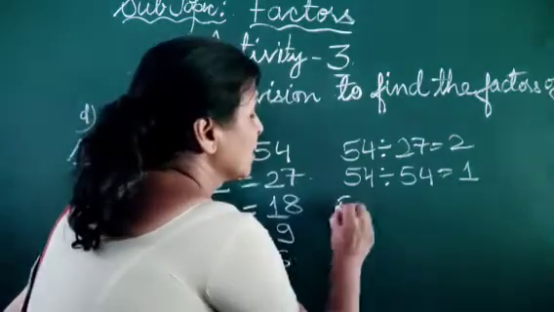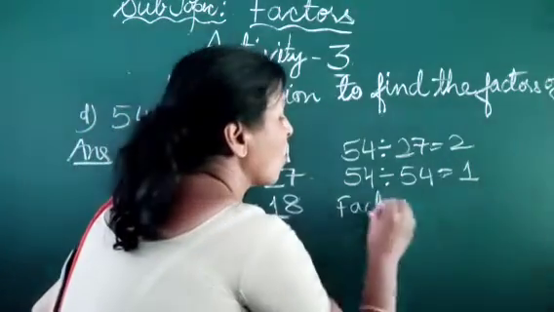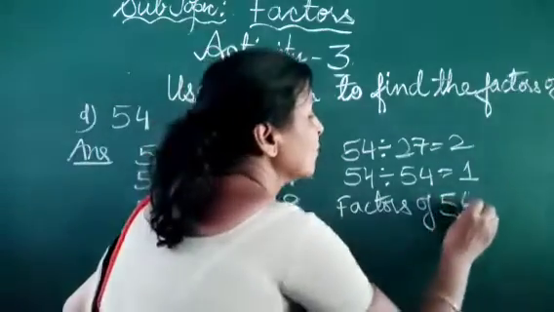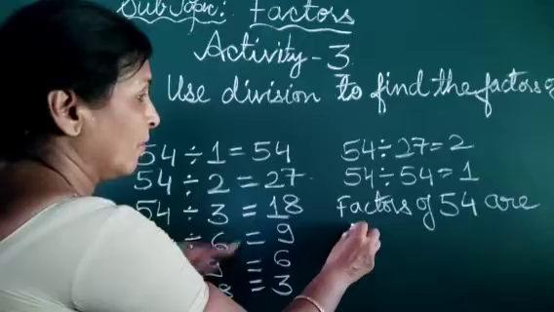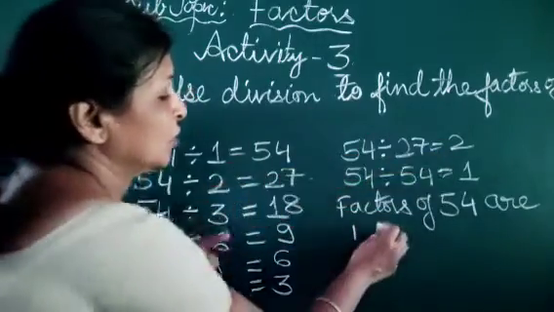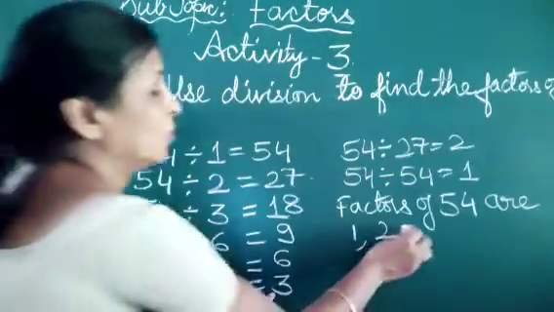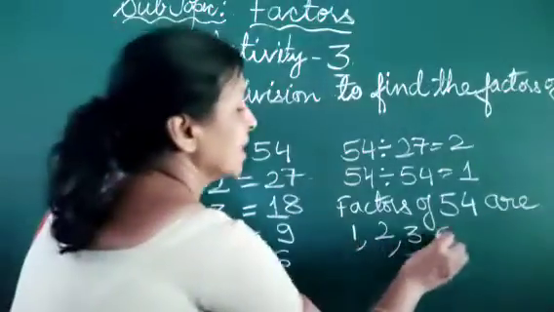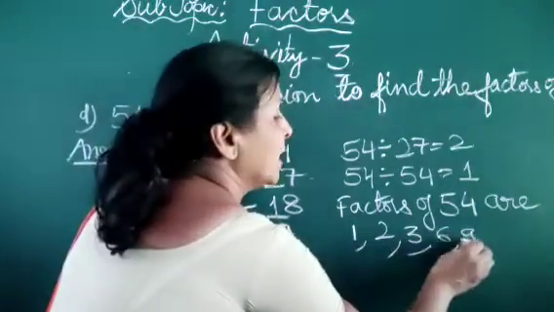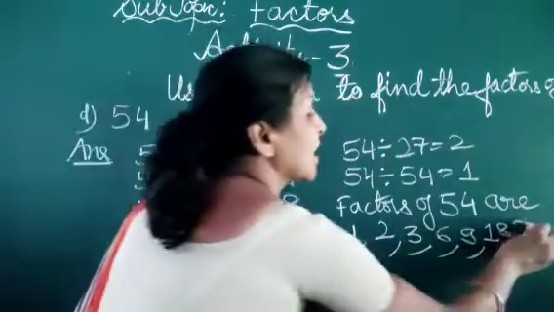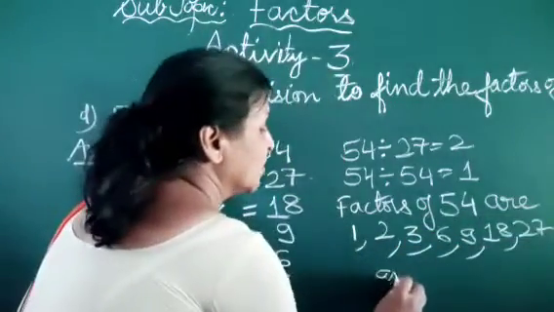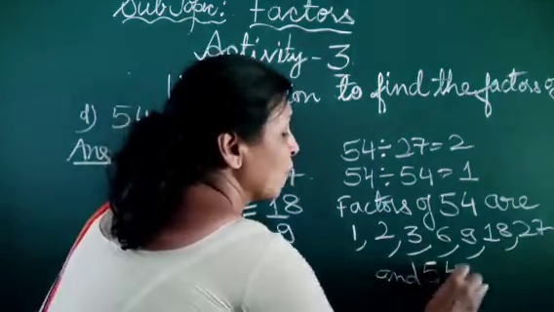We write here factors of 54 are 1, 2, 3, 6, 9, 18, 27 and 54.